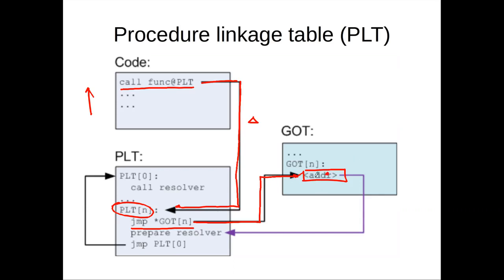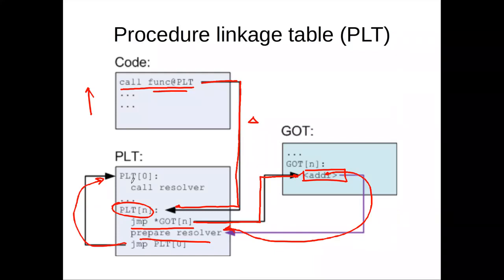And the first time you jump, this address is always pointing back. So essentially you say, I'm about to call a function for the first time. First of all, I will prepare some arguments to this function, which will do a resolution of this symbol, or binding, and then jump to typically PLT0 and call this resolver, right?